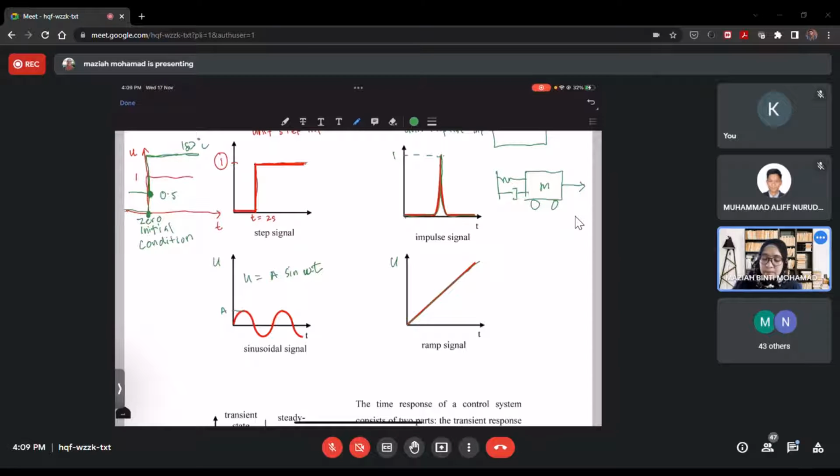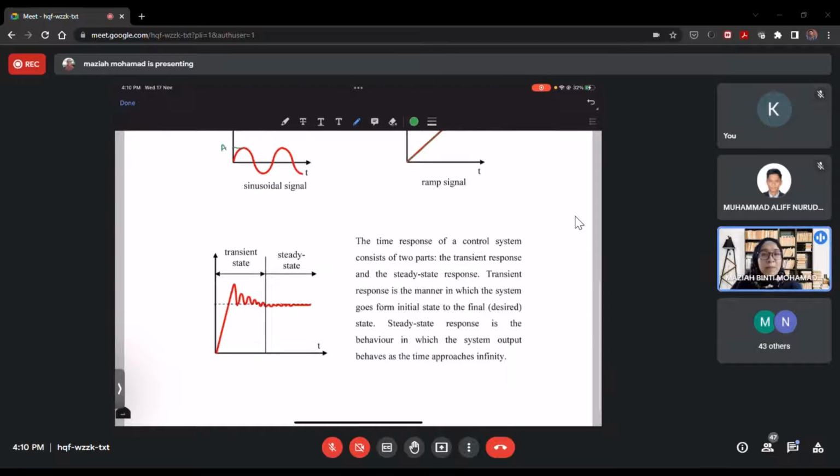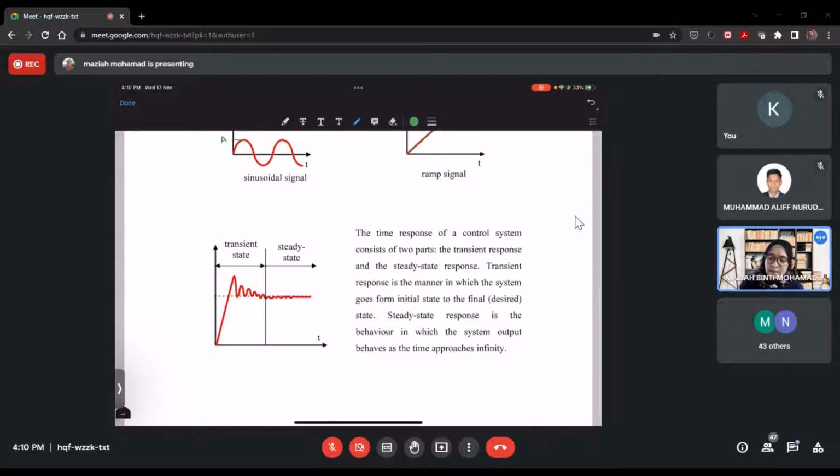So we apply a common input signal, and then we want to see how the output responds to the input, and we want to see the behavior when the time is changing. That is what we call time response. That's why the name is time, because it's based on time, and we want to see the response. So, time response analysis.